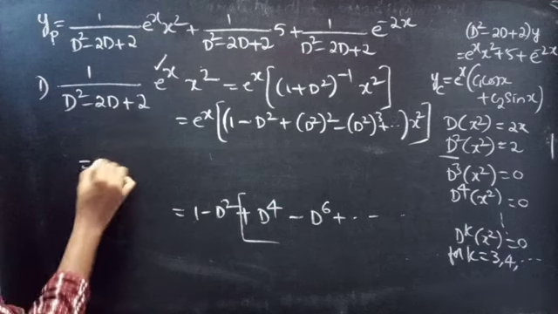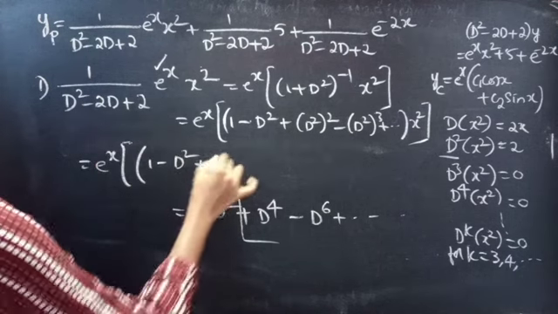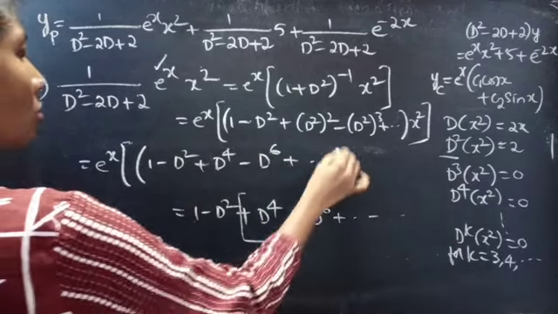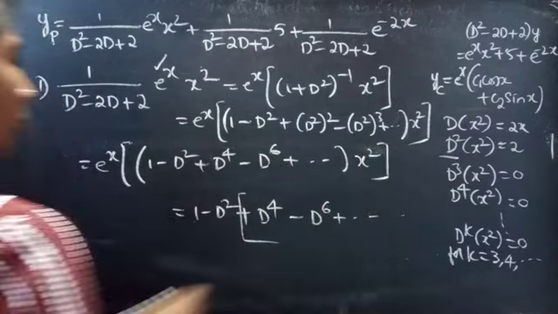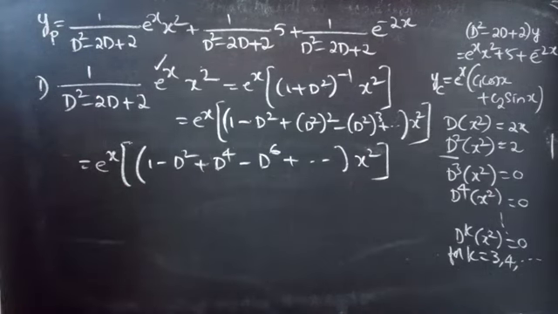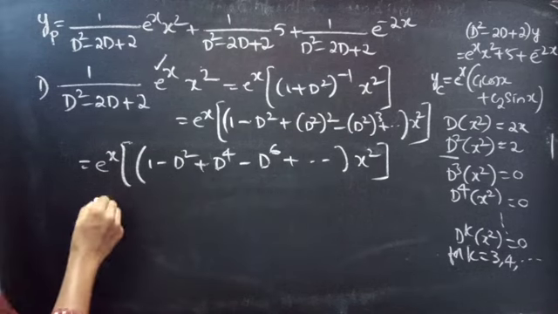Which is equal to e power x into 1 minus D square plus D power 4 minus D power 6 plus so on into x square. Since we know that higher derivatives from D cube is 0, we'll neglect all the higher derivatives from D cube, right?